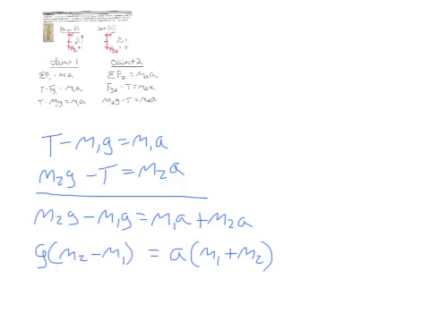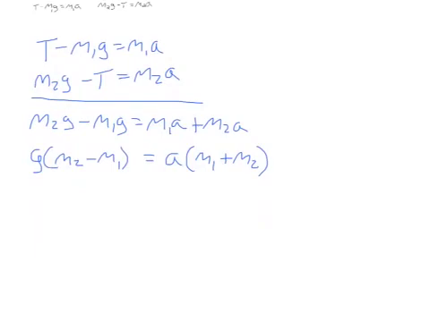So we can now solve for our acceleration, and we get G times (M2 minus M1) over (M1 plus M2). And so this becomes our expression for our acceleration.